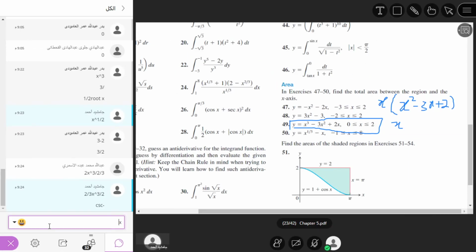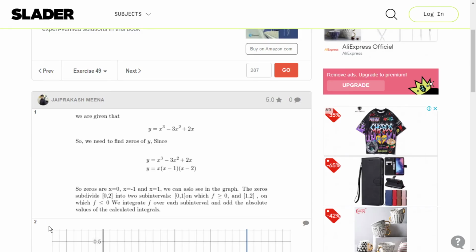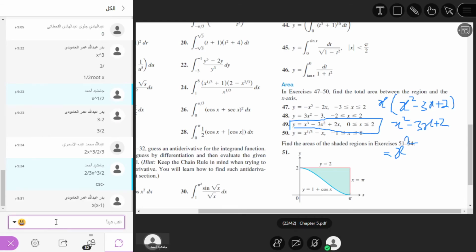We can write x square minus 2x minus x plus 2, because minus 3x is equal to minus 2x minus x.